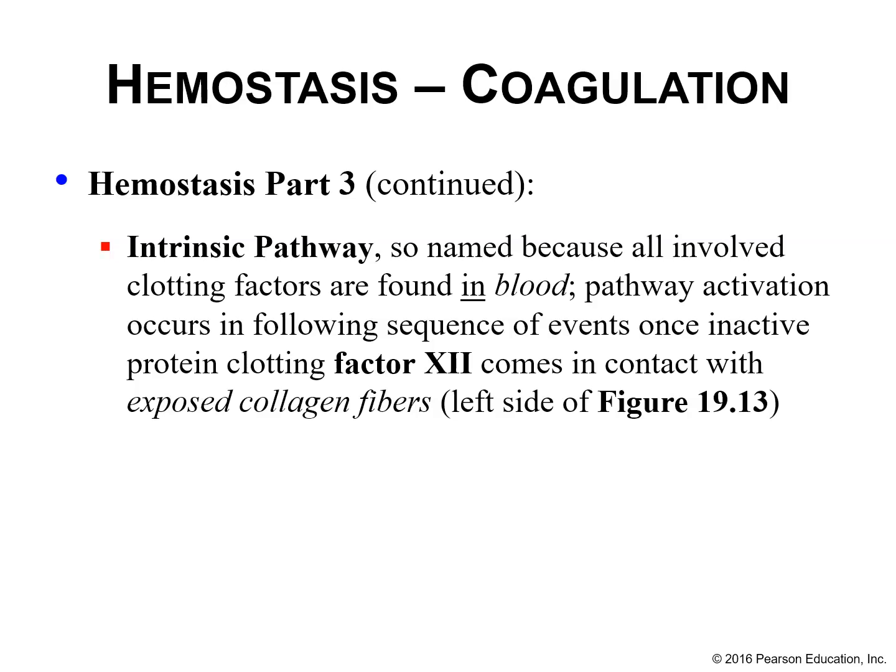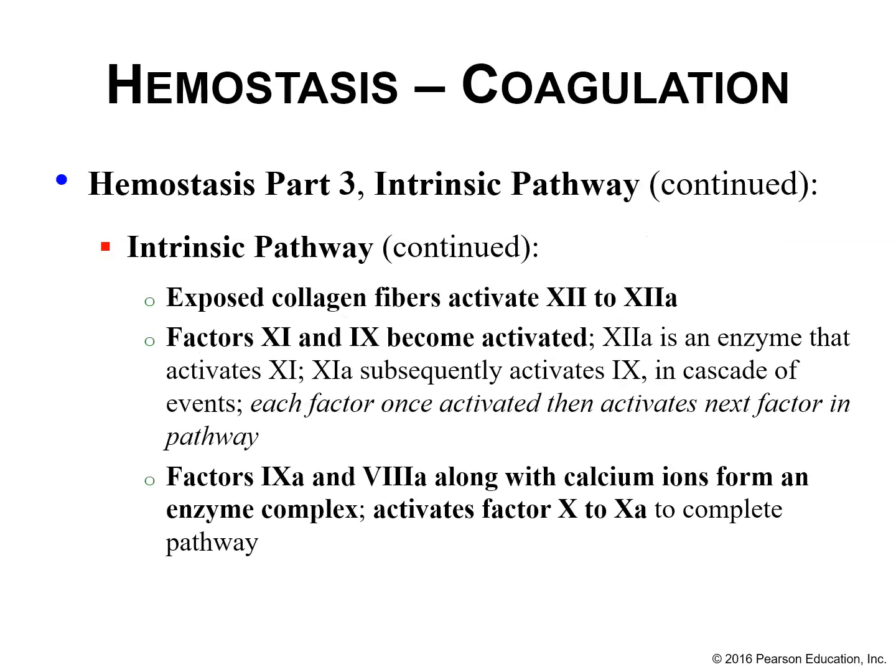We call the intrinsic pathway because all the clotting factors that are involved are found within the blood. The pathway is activated once the inactive clotting factor 12 comes in contact with exposed collagen. Exposed collagen activates 12 to active 12. Whenever you see the A in front of the Roman numeral, that means it's the active form. Factors 11 and 9 then become activated from 12A.